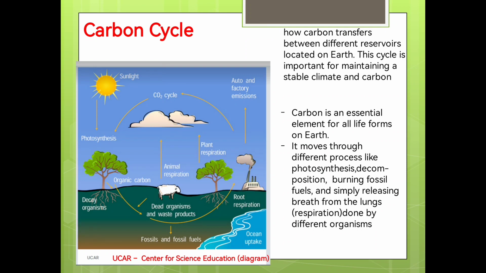So yun yung cycle. If there is an imbalance to this system, pag masyadong maraming carbon yung nare-release dun sa atmosphere, and kukunti lang yung na-absorb or kulang yung na-absorb, Earth becomes warmer than it should be, as there will be too much greenhouse gases.